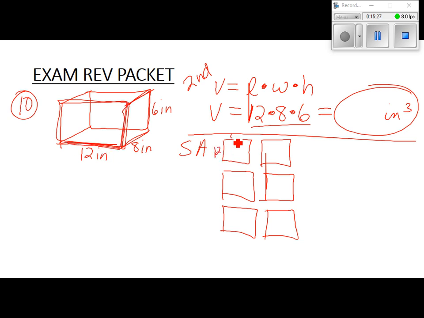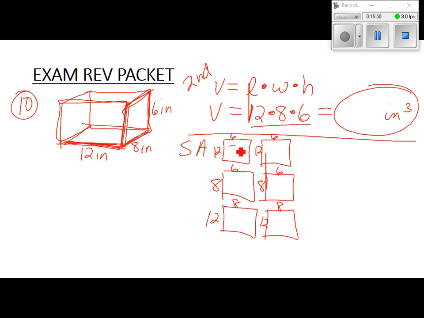So we'll say 12 by 6. The back face is going to be the same, 12 by 6. This side face over here is 8 by 6. And that means the other end is also 8 by 6. And then the bottom is 12 by 8. And that means the top has to be 12 by 8.